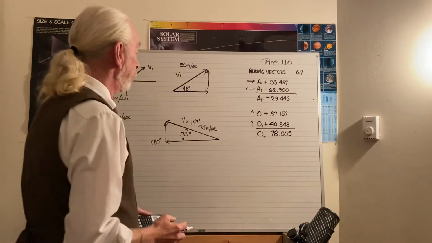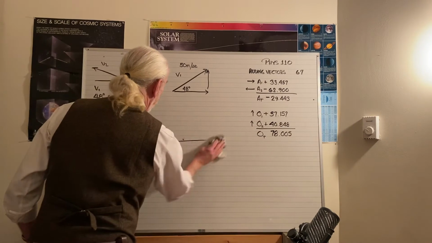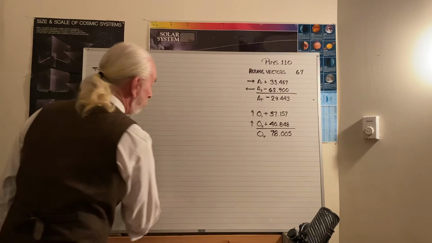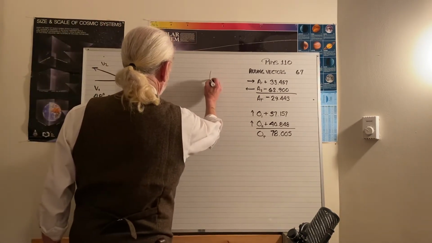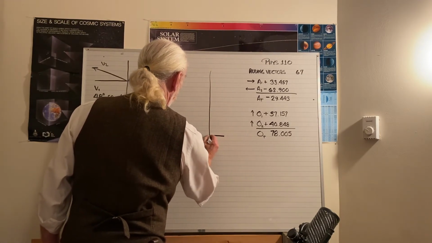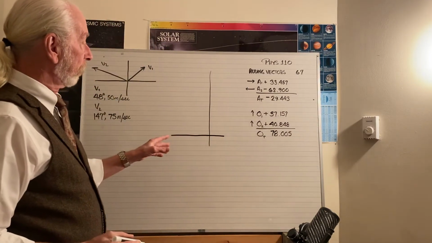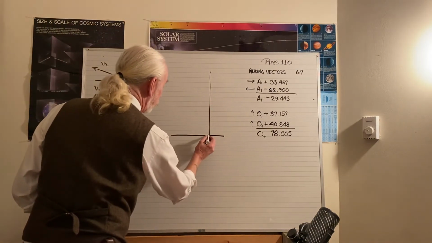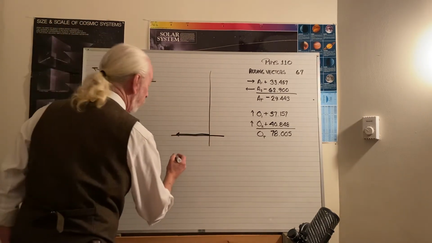All right, now we'll take a look and see what this guy looks like. I'm going to draw my horizontal vector first. 29.443, it's negative, so that means it's going to go in this direction. 29.443.